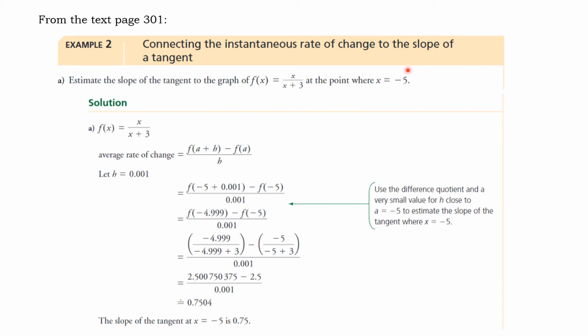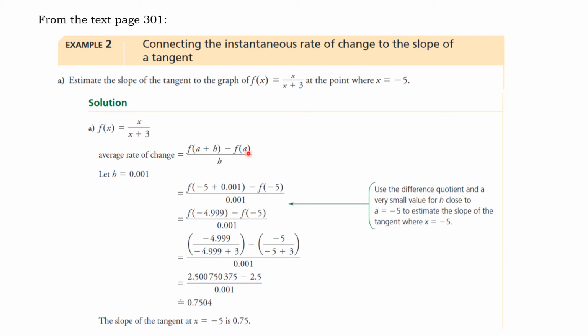The way the textbook does this question is they're using the difference quotient here, let h equal 0.001, subbing into the difference quotient. So the a value, remember the a value is the point of interest here, the x value that we are looking for our point of tangency. So that goes in for this. You can also, I said this in other videos, instead of an a, make those x's if you want.